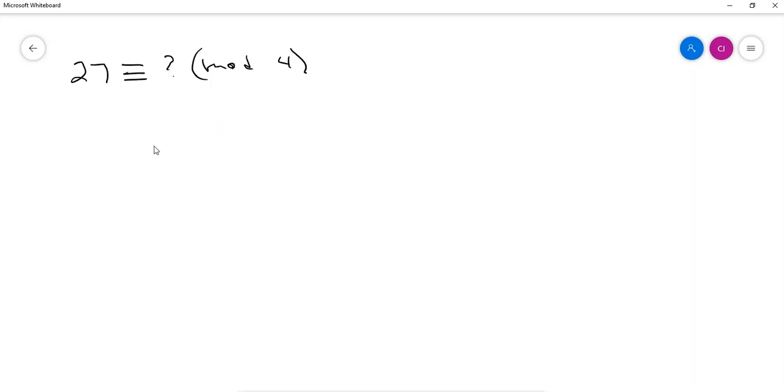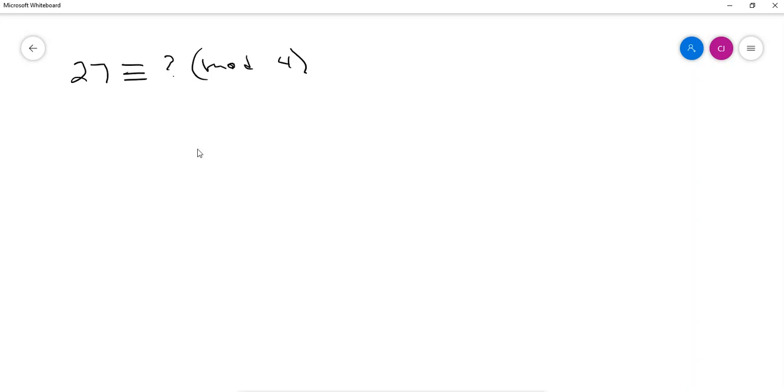And what we're really trying to say is what position are we at on the clock, on a mod 4 clock, where we have numbers 0, 1, 2, and 3. Now, where are we if I started at the beginning and counted to 27, just kept going around and around? Well, basically, the easiest way to do that is to just take the mod.